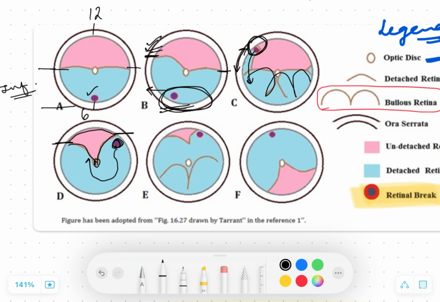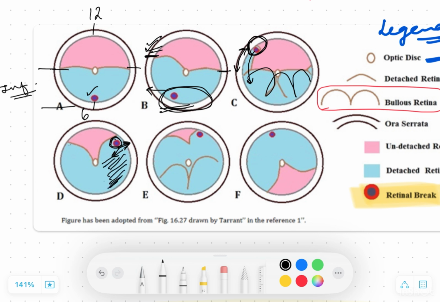In these cases, just to simplify this one diagram, I will explain one important thing, that when there is a retinal break, the SRF usually moves from the area of the break towards the ora serrata, and then it starts moving backwards towards the optic disc. So the SRF here around the retinal break has moved to the ora serrata and comes back towards the optic disc.